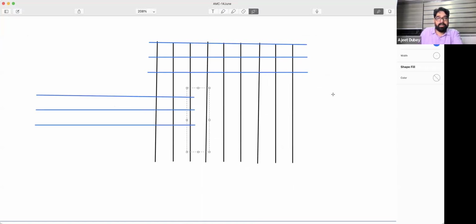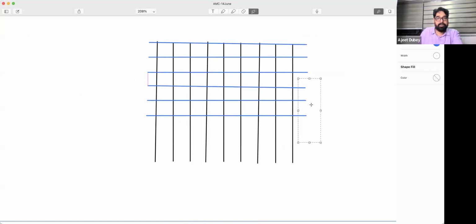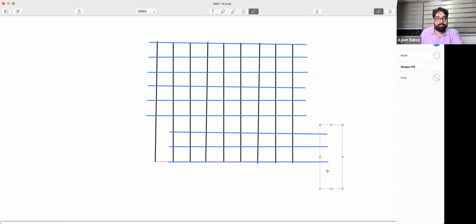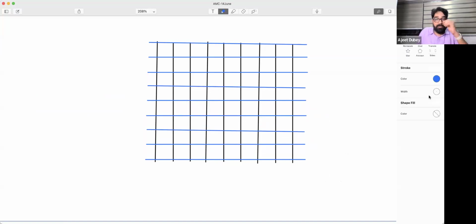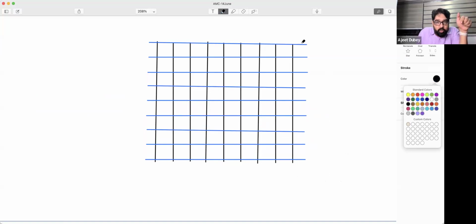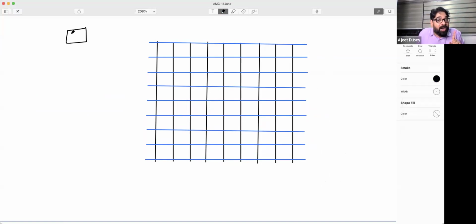I'll give a hint only because time is limited, but that will be sufficient. Number of squares. Think carefully. Whenever you take two consecutive horizontal lines and two consecutive vertical lines, you'll get one unit square.